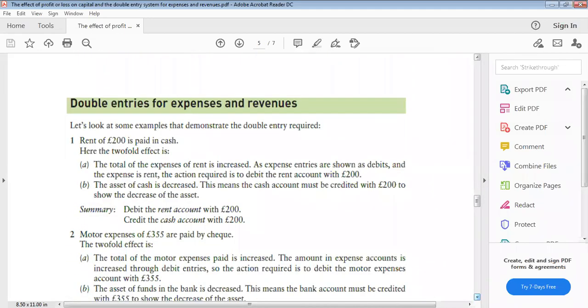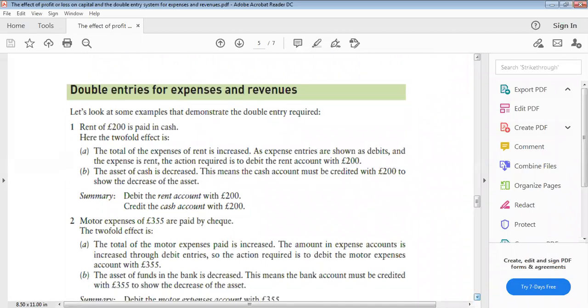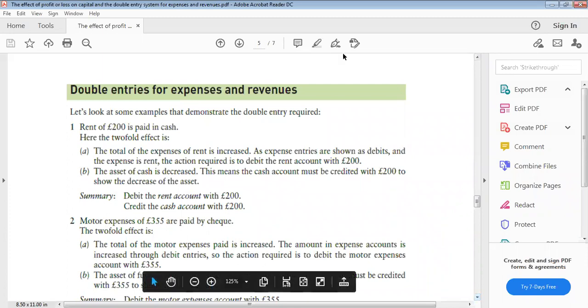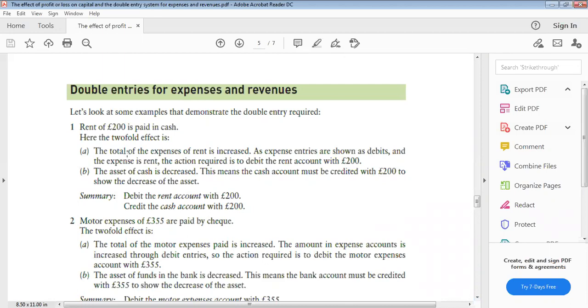Look at double entry now for expenses and revenues. All right, let's take some examples. Firstly, rent of $200 is paid in cash.